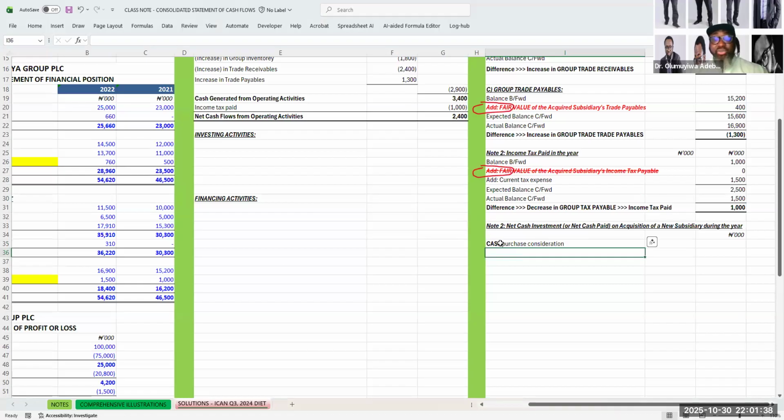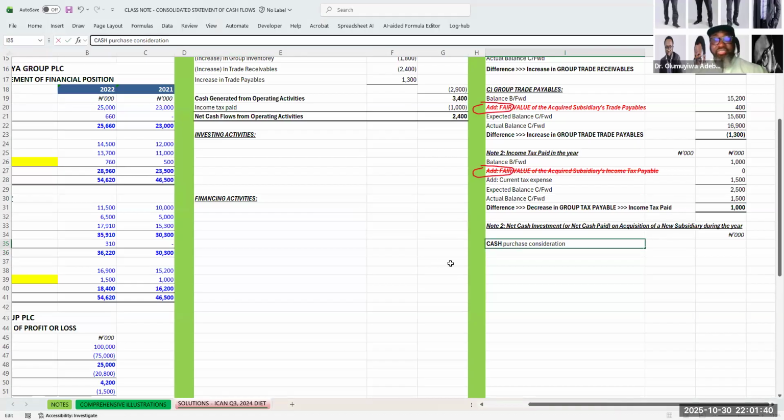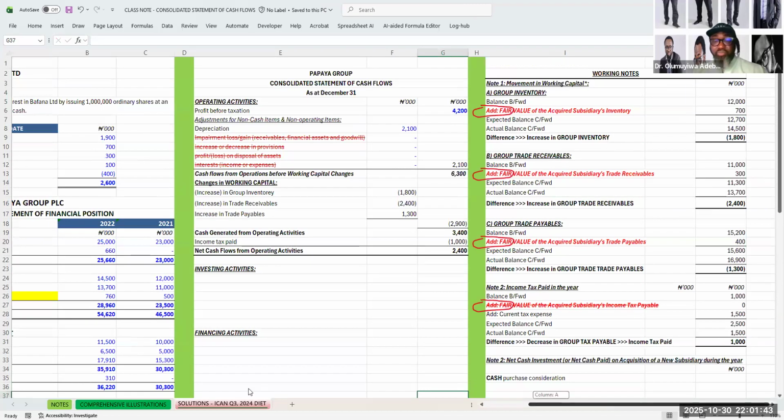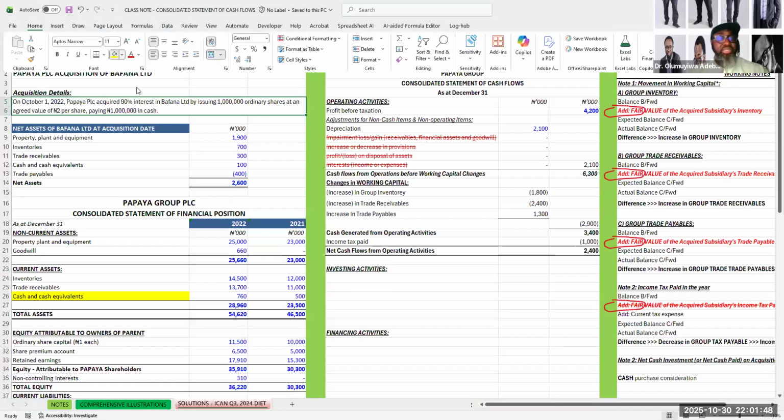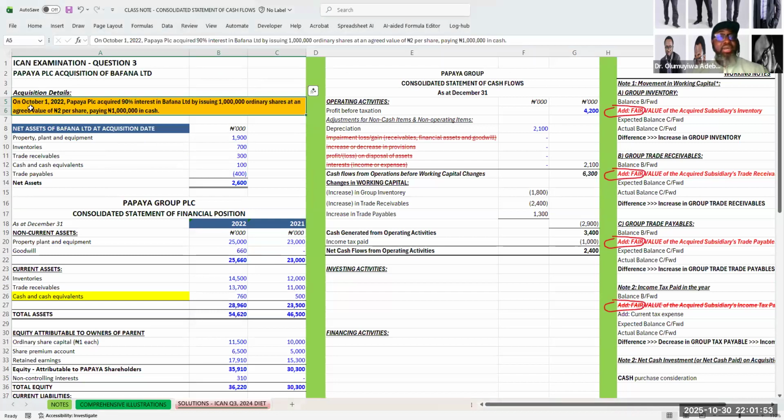Which means, like in this question, if you go back to the question, this sentence reads, and I can bold it: on October 1st, 2022, that was about 3 months to the year end, Papaya PLC acquired 90% interest in Bafana Limited by issuing 1 million ordinary shares at an agreed value of 2 naira per share, paying 1 million in cash.